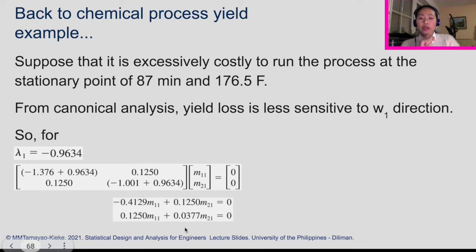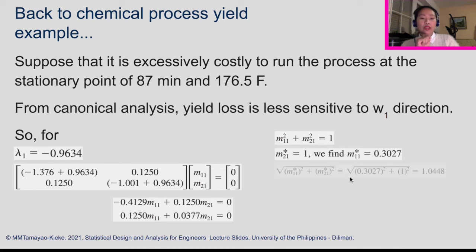Then we would have these equations. We let M11 squared plus M21 squared be equal to 1, and we arbitrarily set M21 star equal to 1. So we find M11 star is equal to 0.3027.